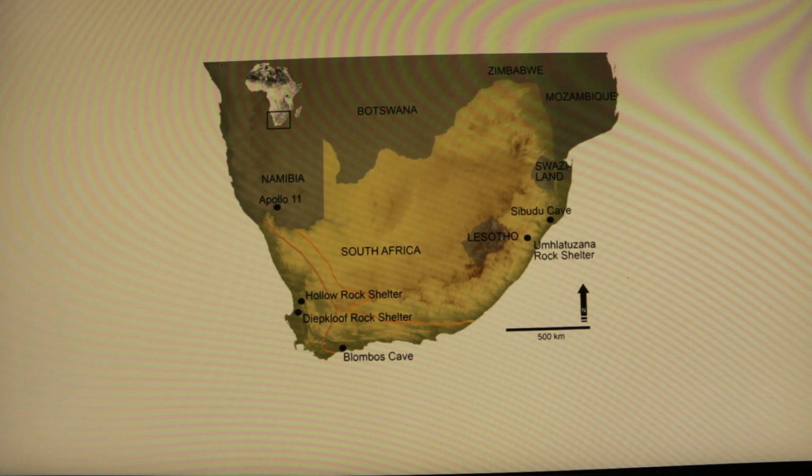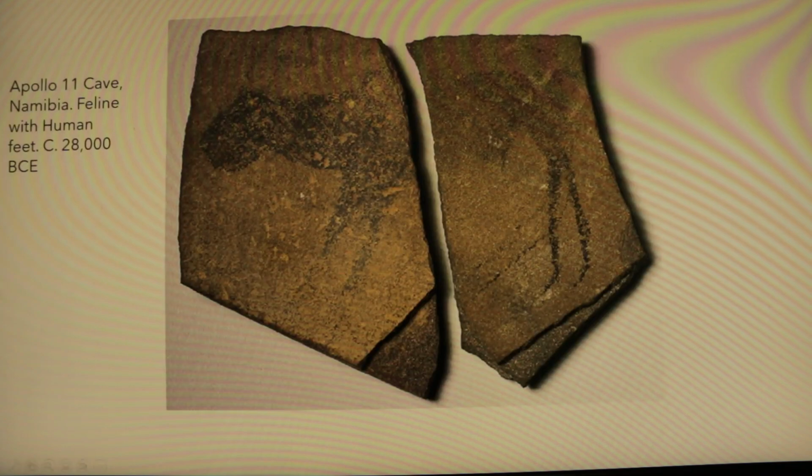So in the Apollo 11 cave in the Huns Mountains of southwestern Namibia, they have dated these unusual images because they're also, besides being very old, and they may date back, they think, until recently, these were the oldest known artwork of any kind from the African continent. And more recent discoveries have even gone back, we believe, as far as 100,000 BCE, making Africa home to the oldest images in the world.